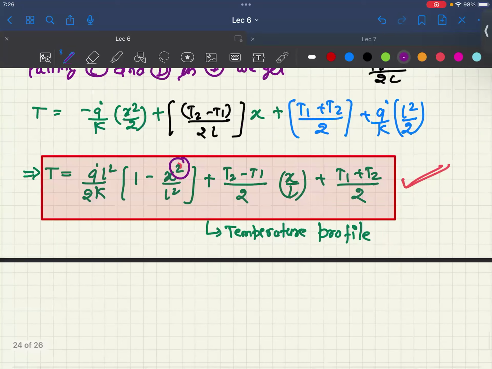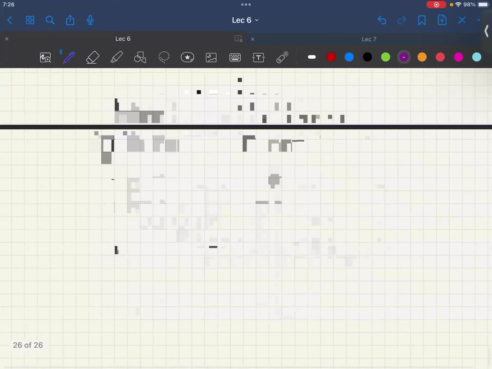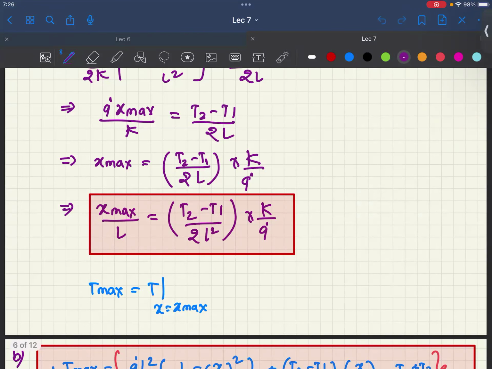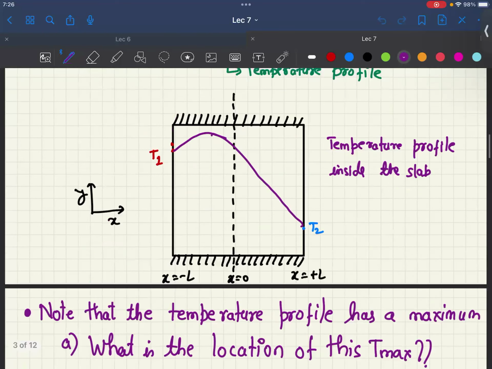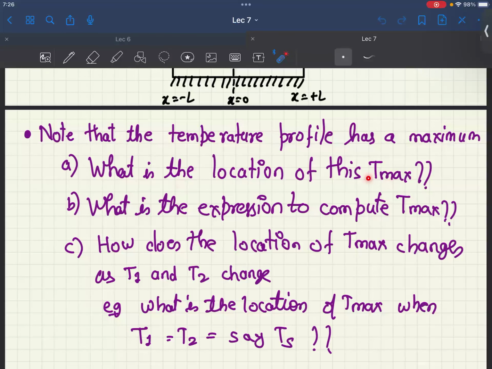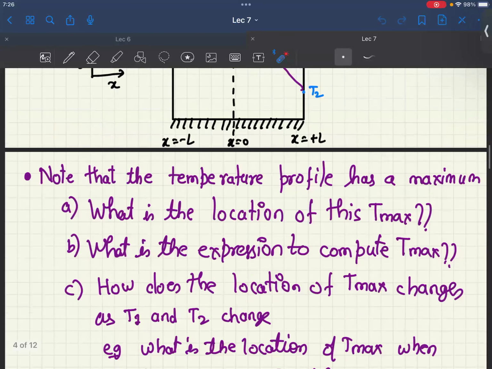Now the question arises: what is the location of this Tmax, right? And the second question which arises is what is the expression to compute this Tmax?